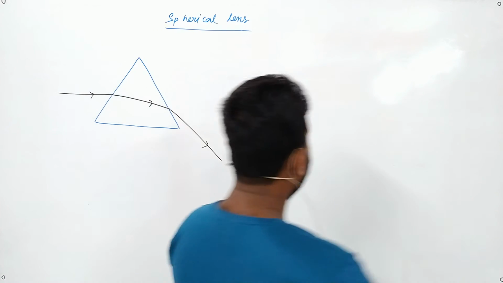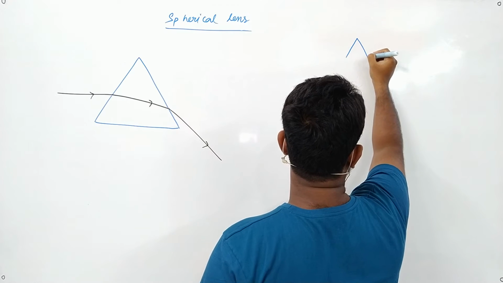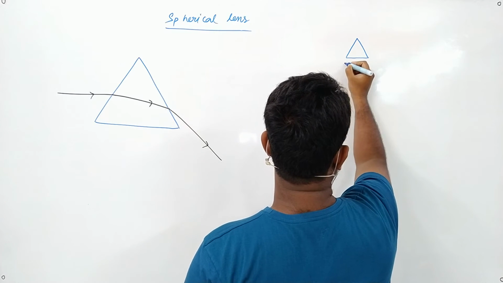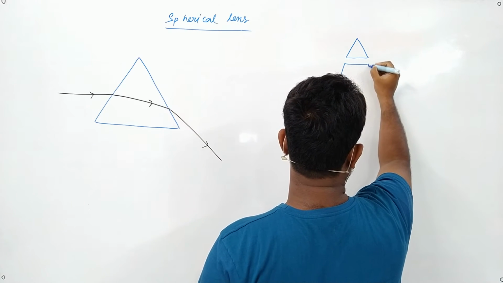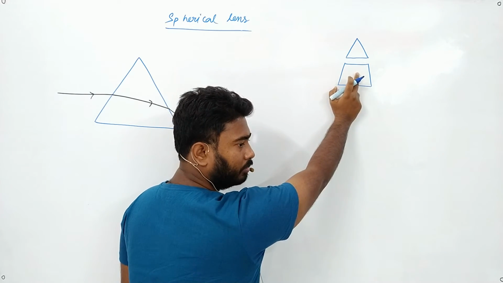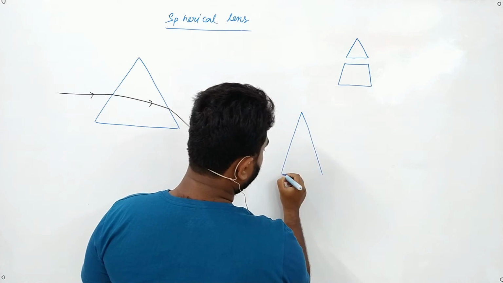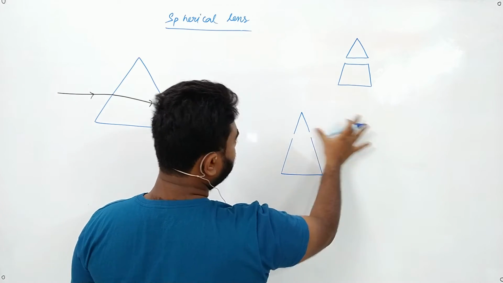Suppose I am doing something like this. I am using a prism here. Then I am using another part of a prism here. Can you understand that this is also part of a prism? Suppose I draw a prism like this and delete this portion.